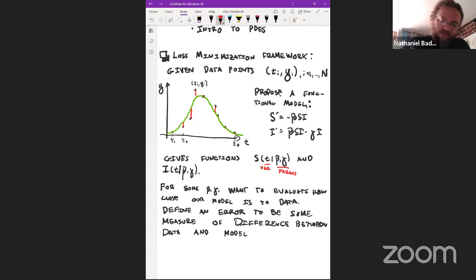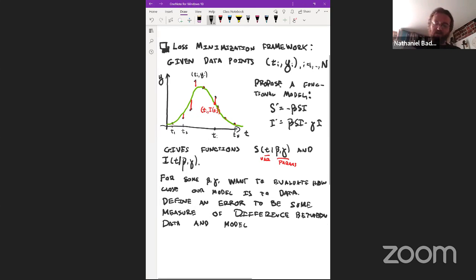We look at the difference. So this point here, for instance, is going to be T_i, I of T_i, right? And we make some evaluation of how far off our prediction is. So the difference between the data and the model.